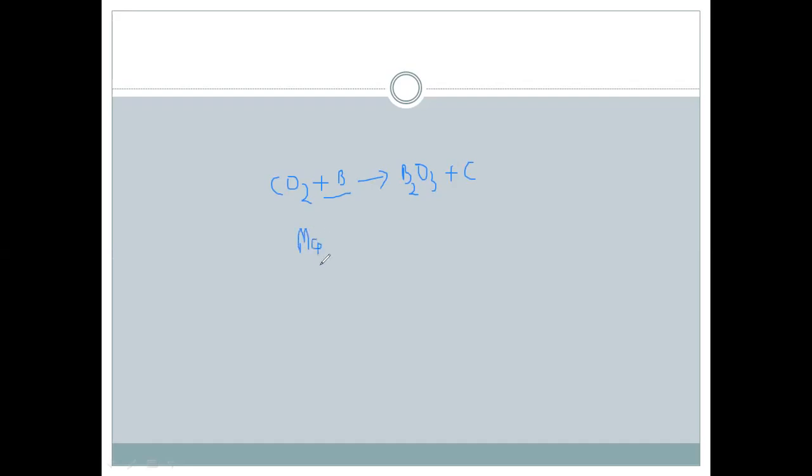Magnesium is +2, boron will have -3. So I can have Mg3B2, only when it is with metals. Okay, so I get Mg3B2.